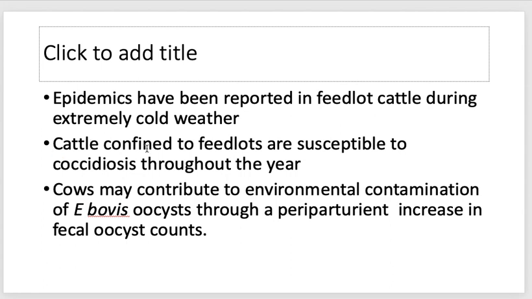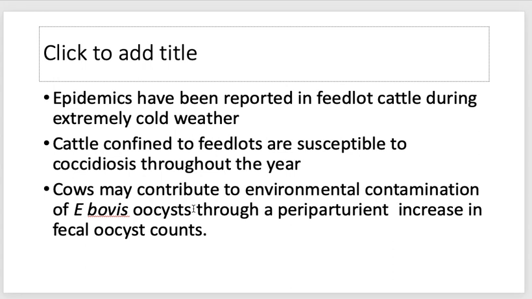These cattle confined to feedlots are susceptible to coccidiosis throughout the year. If the animals are confined in one place for a long time, they can be affected throughout the year, not only during the wet season or cold weather. It can happen throughout the year if the cattle are confined in one place.